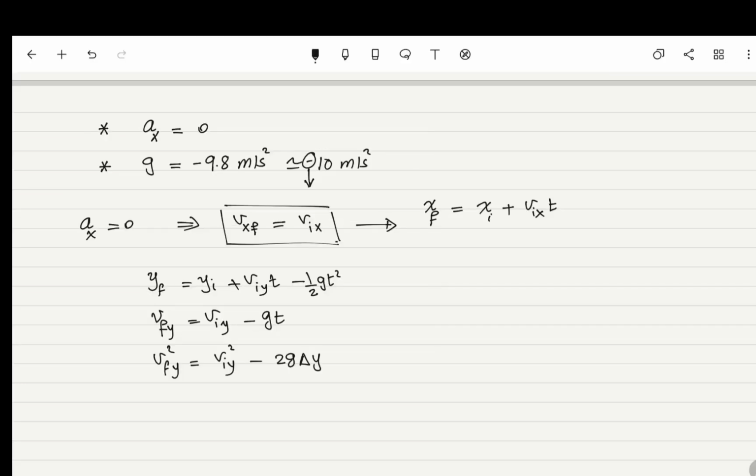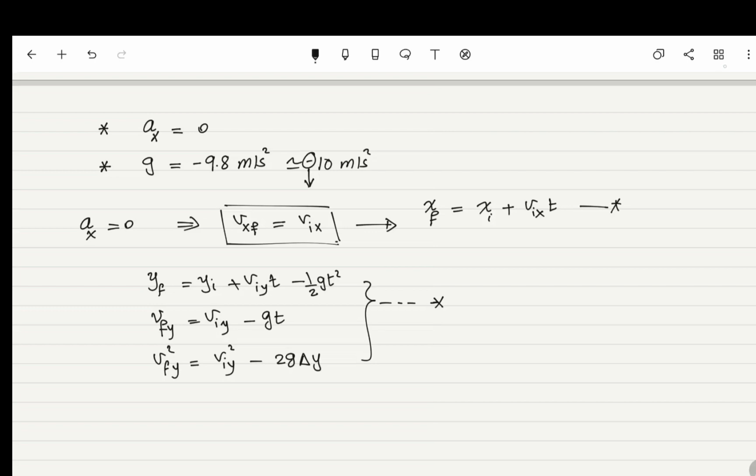In summary, to work with projectile motion, we have only one equation on the x-axis and three major equations on the y-axis. Remember, time is the common factor between both x and y.